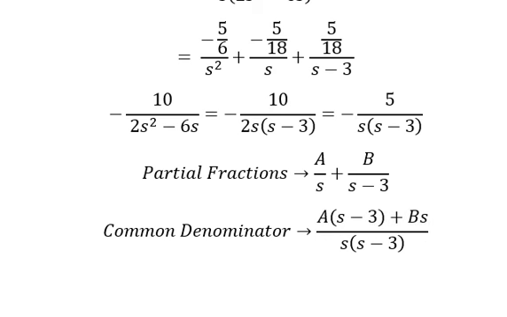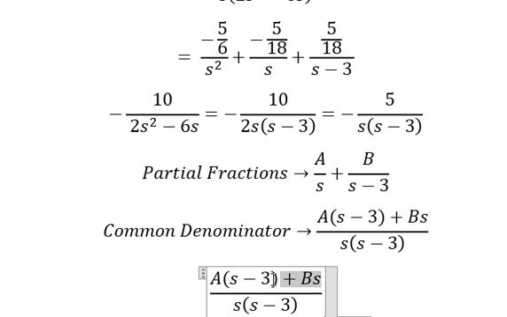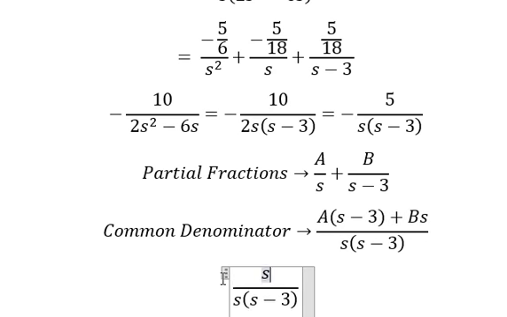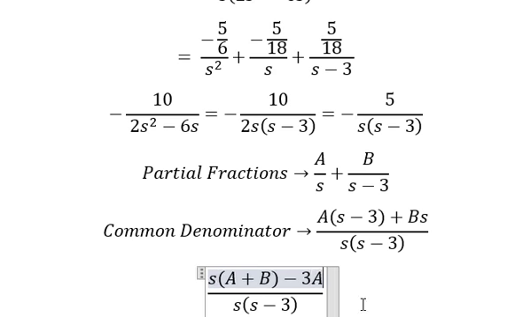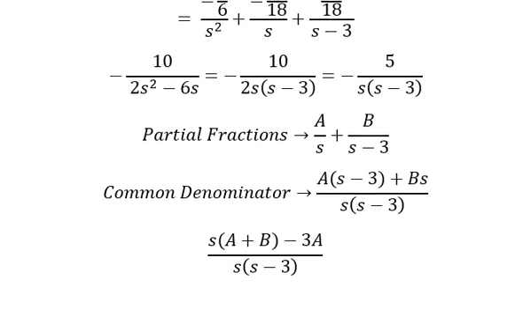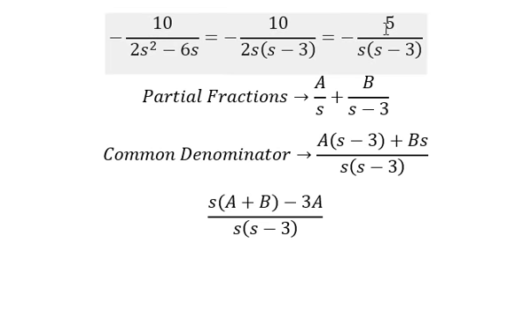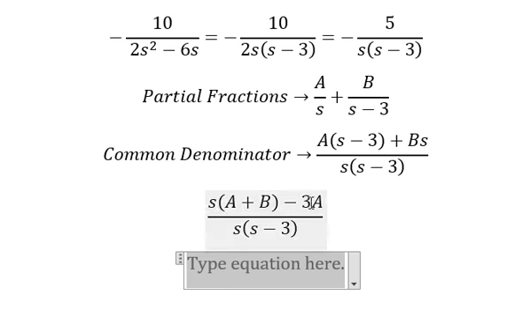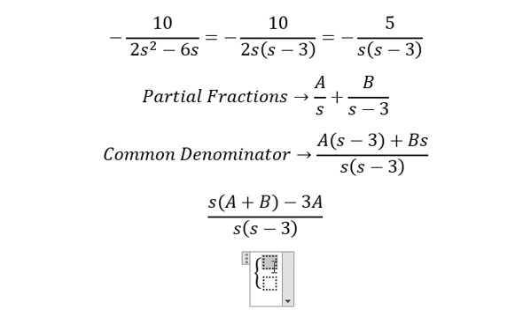Now we need to arrange based on the terms of h. So we have A plus B. About the numbers, we have negative 3a. And now we need to compare coefficients. We have negative number 5. So only negative 3a equals negative number 5.